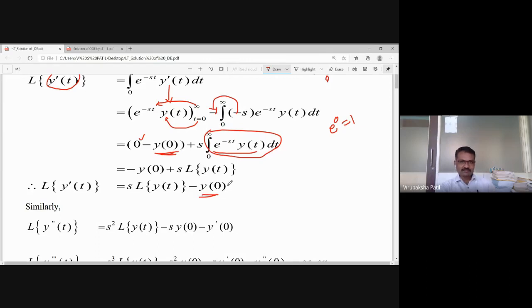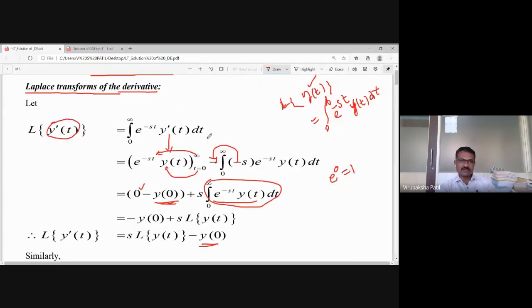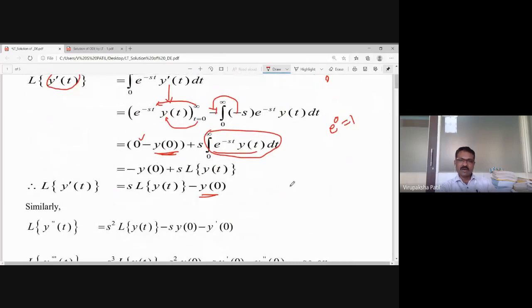Is that clear? So now you may ask, sir, why have we come across this? See, our intention, when they ask you to solve, if it is dy by dt, y will be the dependent variable, t will be the independent variable. So you have to express y in terms of t. Solve means you have to find the value of y in terms of t. Okay, we will discuss that later.